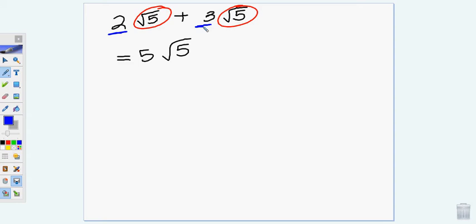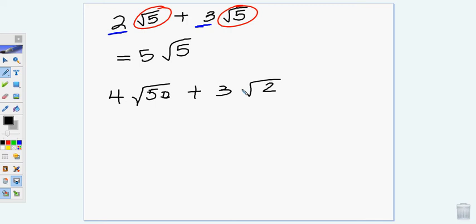All right, let's do one that's not quite this clear: 4 times the square root of 50 plus 3 times the square root of 2. This doesn't look like you would be able to do much with it, so we're going to kill 2 birds with 1 stone here.